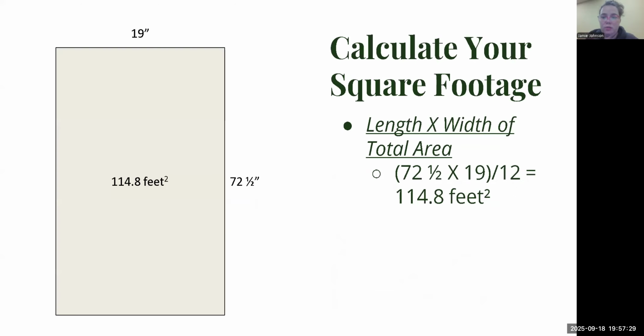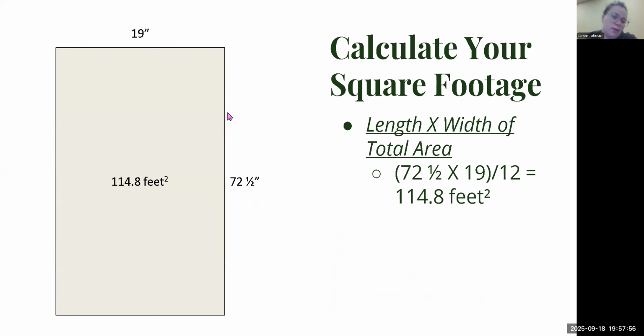So, first and foremost, how do we calculate square footage of our space? I'm going to move my photo. We calculate square footage using length times width for squares and rectangles. If you don't have a square or rectangle, Google it or try to make it a square or rectangle, because that makes life easy.